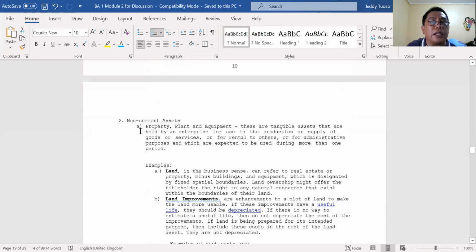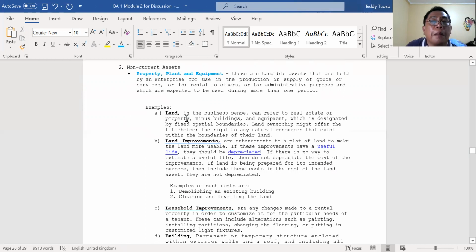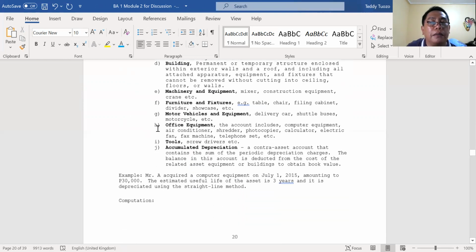Okay, so non-current assets. This is the bulleted one. So you have property and equipment. Property, plant, and equipment.